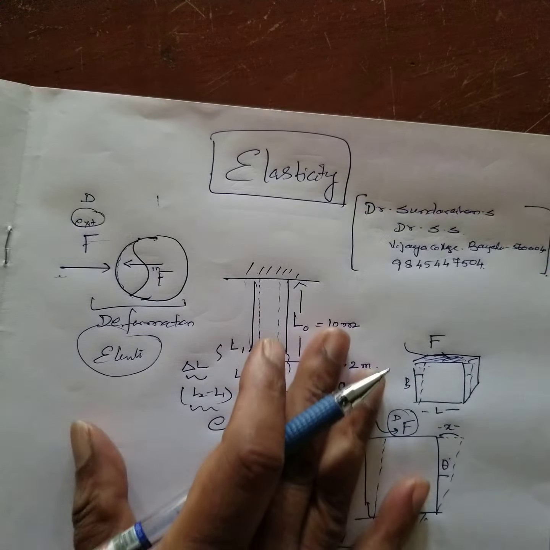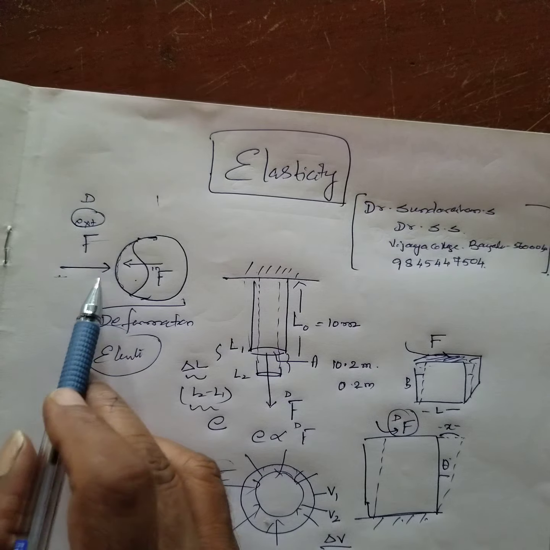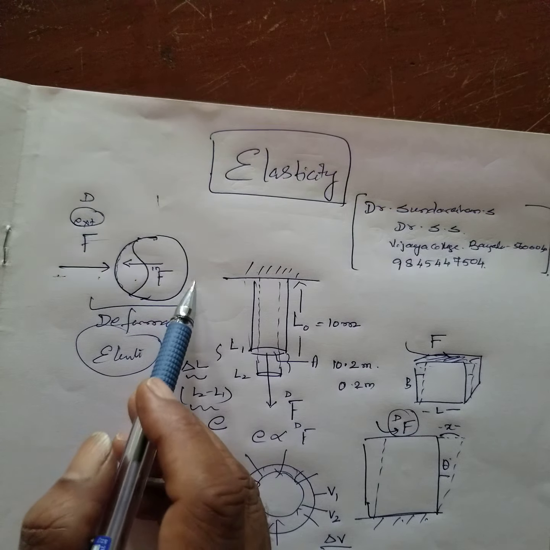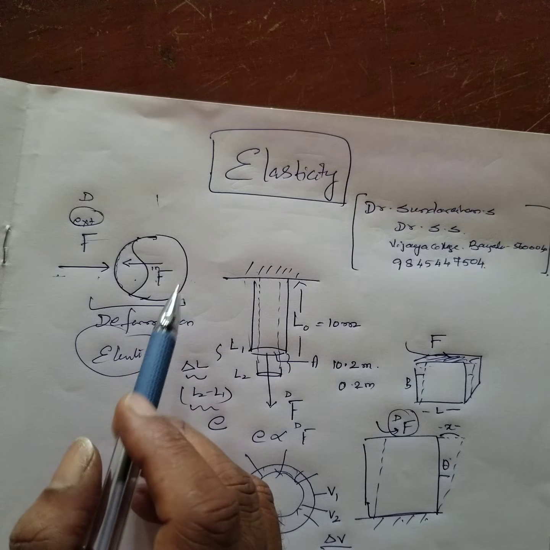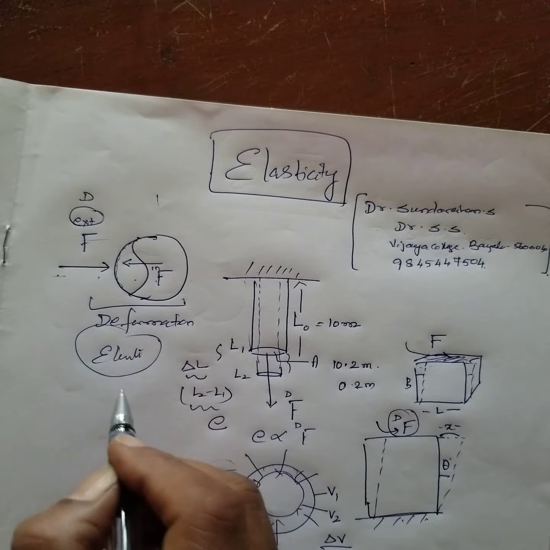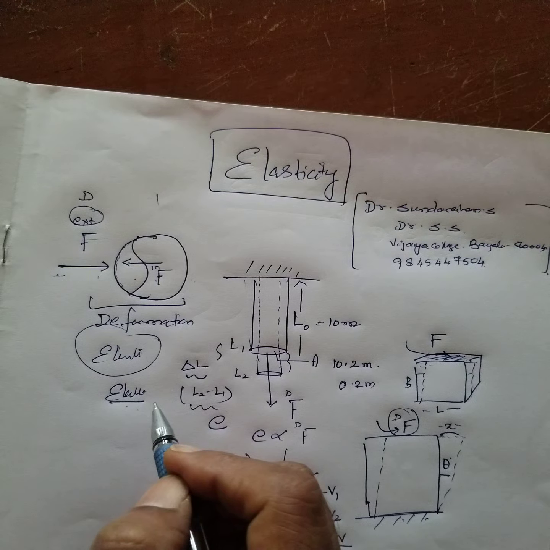What is called elasticity? After the deforming force is removed, the body regains its original shape. Then you say the body is what? Elastic. Elastic body.